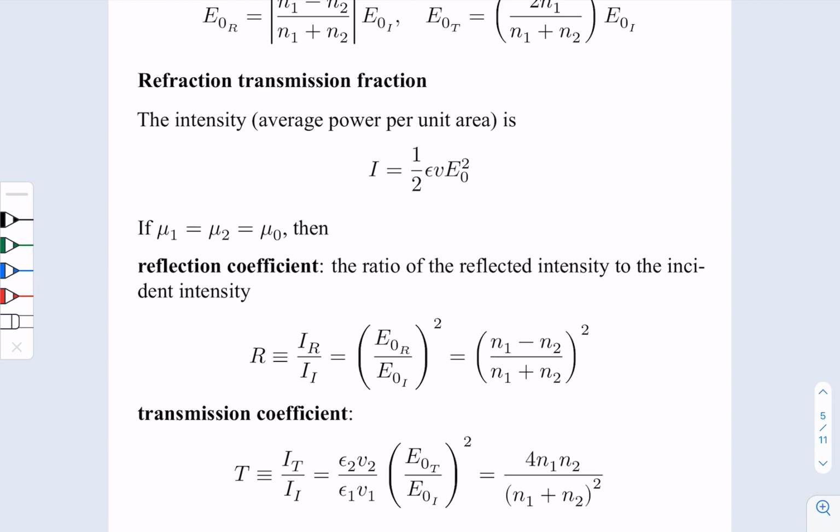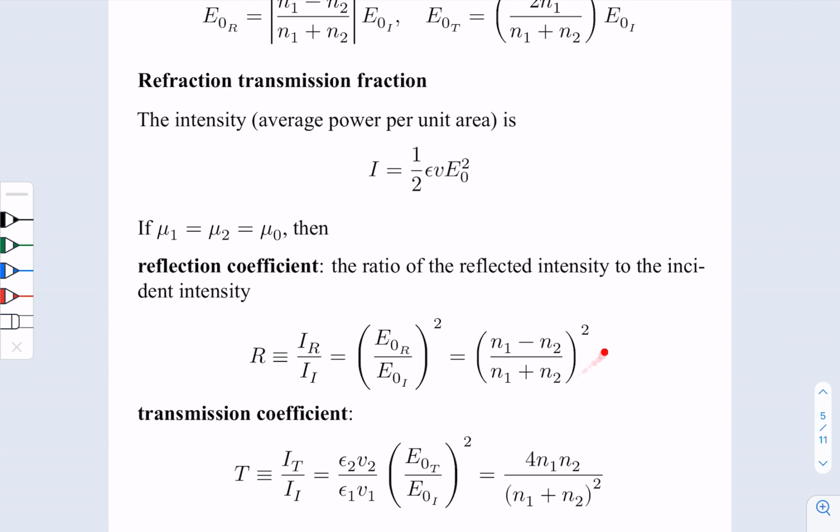Now, for the reflection power, for the reflection coefficient, it depends only on this E square, but for this transmission coefficient, because epsilon 1 V1 and epsilon 2 V2 could be slightly different, we need to include an additional factor.